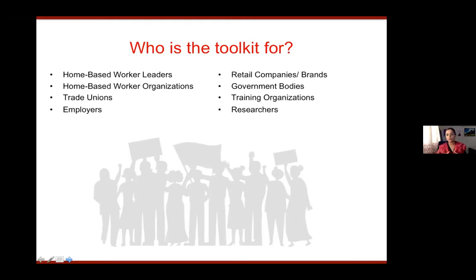If they want transparency till the last mile, this toolkit is very helpful for them. It is also important for government bodies that want to provide recognition to home-based workers and understand the situation of home workers in the garment supply chain. It is important for training organizations who train around garment supply chains and home workers. And it's very important for researchers because it has a lot of important content.